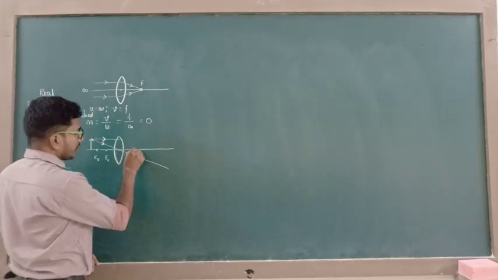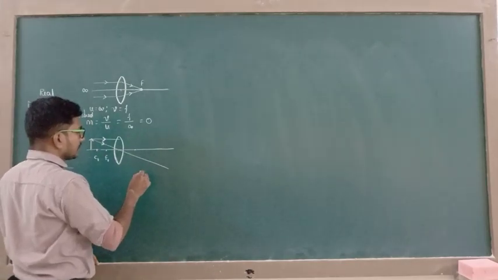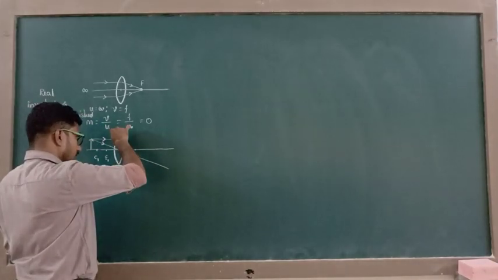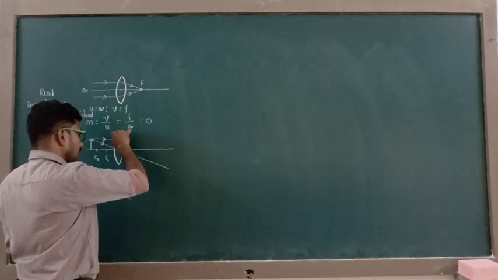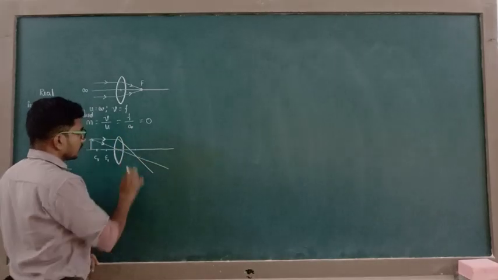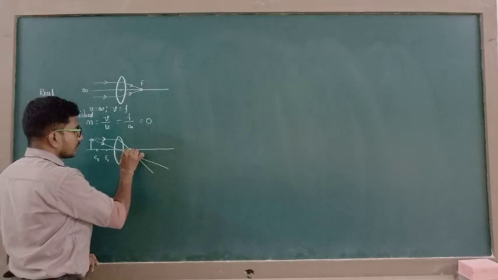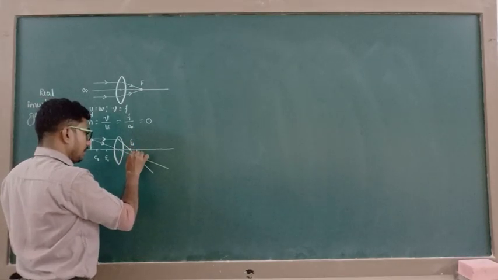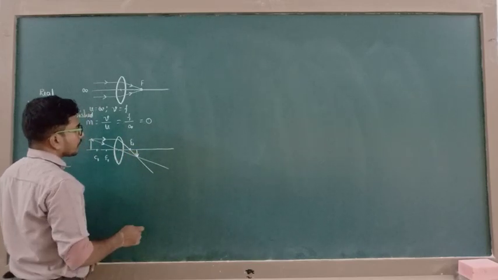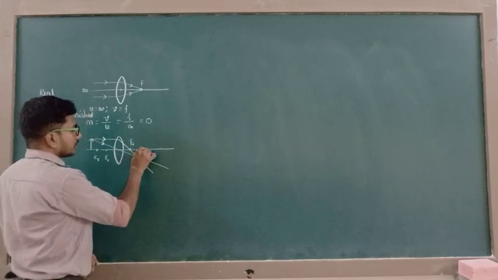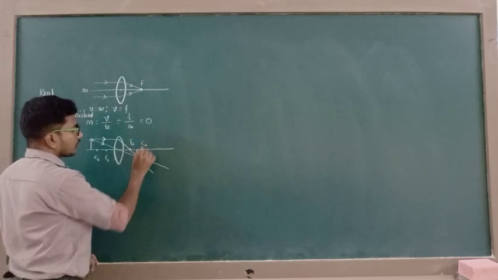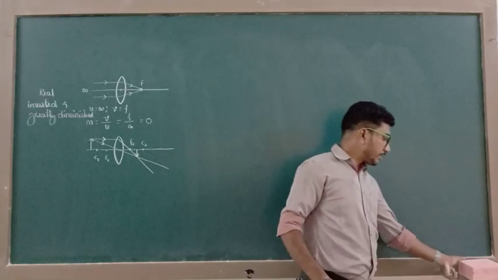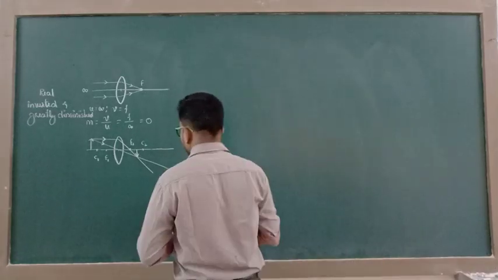So here this point is the principal focus F2, and for the image, this point is C2. So here the image lies between the secondary principal focus and the second center of curvature.